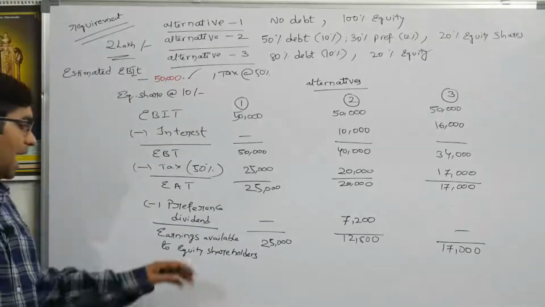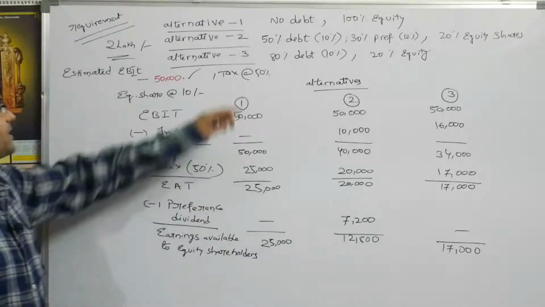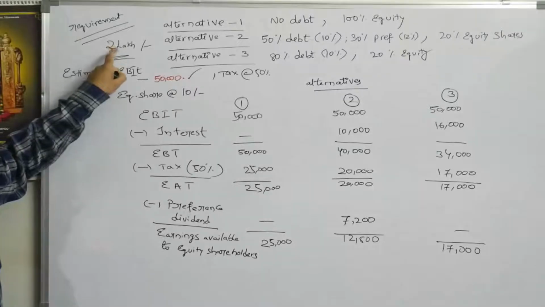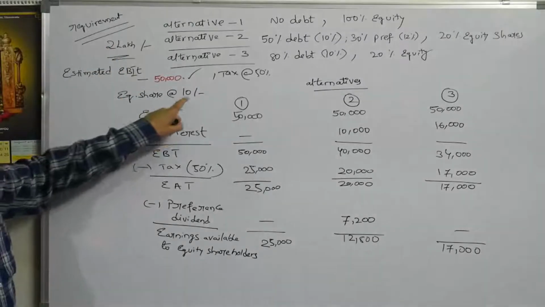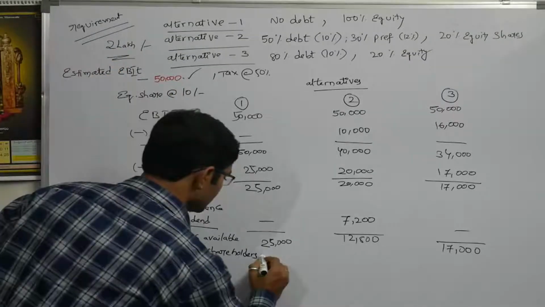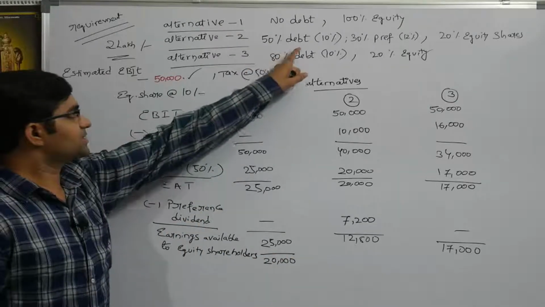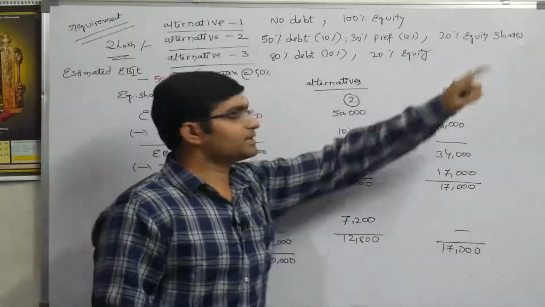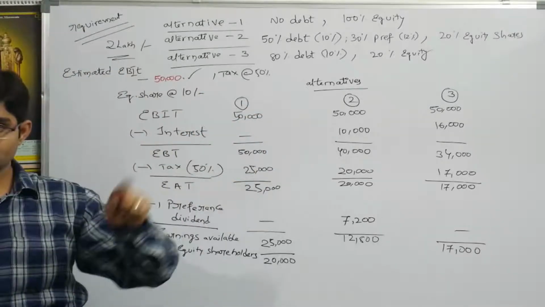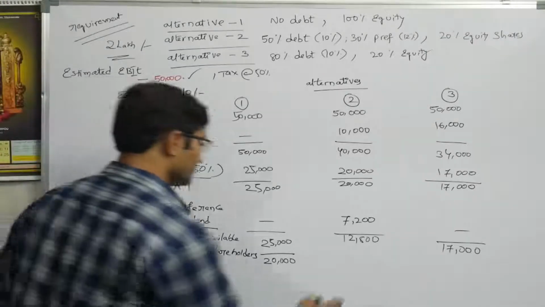Now we have to divide these earnings with number of equity shares. In the first case, 100% equity, 2 lakh rupees we raised through equity. The equity share price is 10 rupees, so 20,000 equity shares. Here 50% debt, 30% preference and 20% equity shares. 20% equity shares in 2 lakh, 20% comes to 40,000 and 40,000 divided by 10, 4,000 equity shares.